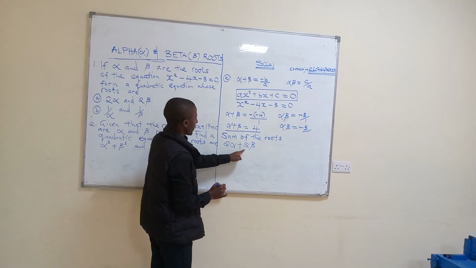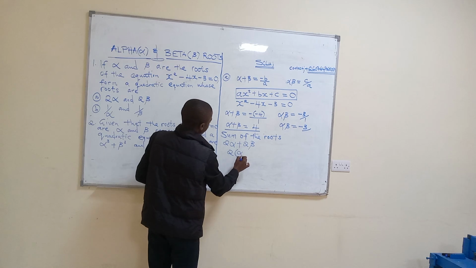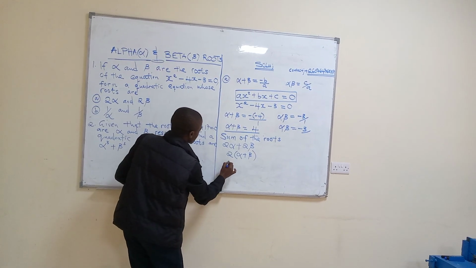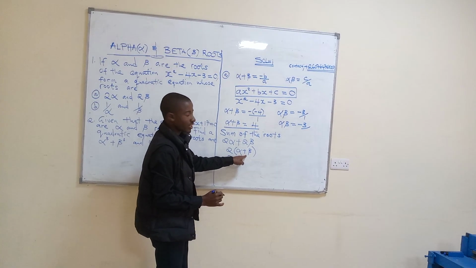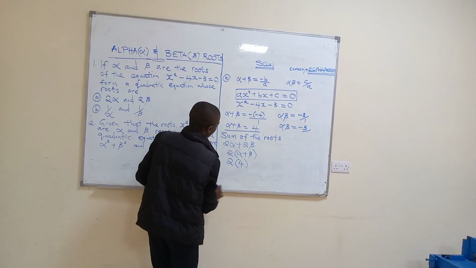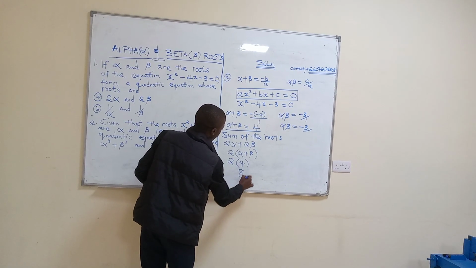Here you are going to factorize, so 2 is common, which gives 2 open brackets alpha plus beta. You have calculated alpha plus beta to be positive 4, so 2 times 4, which is 8. So keep this 8.